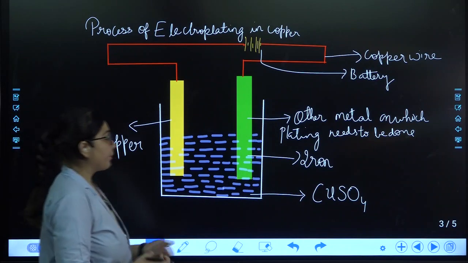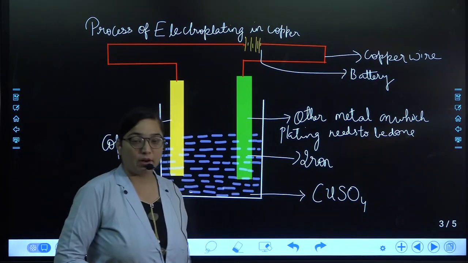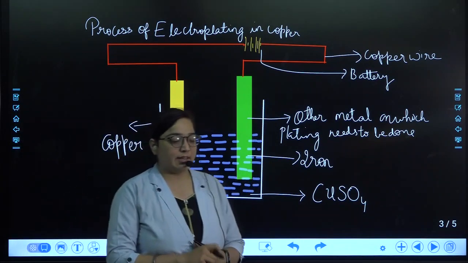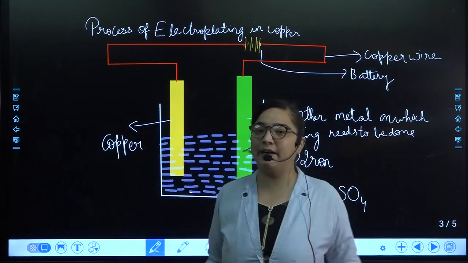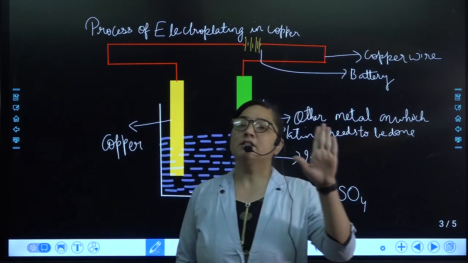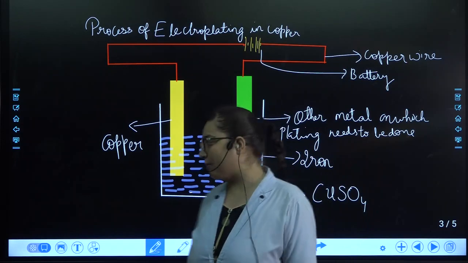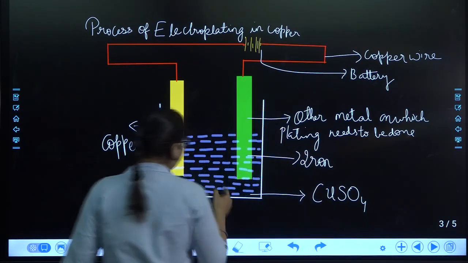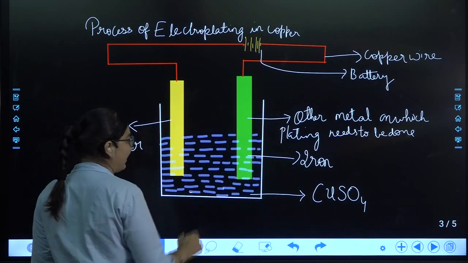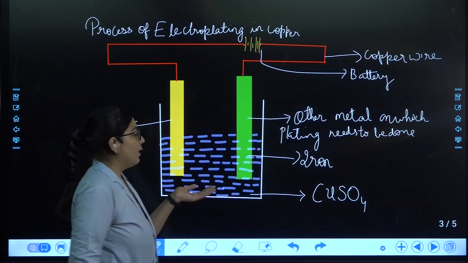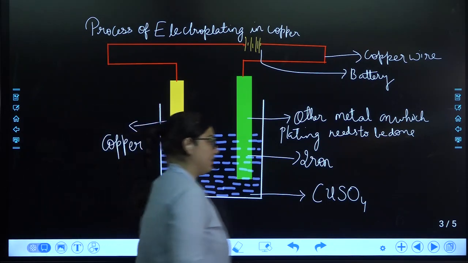First of all, this CuSO4, because it is an electrolyte, will get split up into the ions Cu2+ and SO4 2-. Whichever is the electrolyte, it will get split up into ions, the positive Cu2+ and SO4 2-.